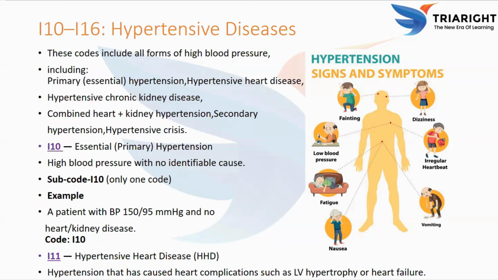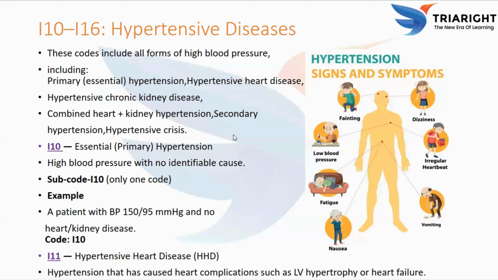And at the right side, you can see the picture of the signs and symptoms of the hypertension. So what are they? Fainting, dizziness, low blood pressure, irregular heartbeat, fatigue, nausea, and vomiting. So these are all the symptoms of the increased blood pressure.